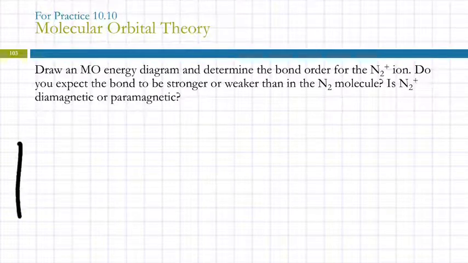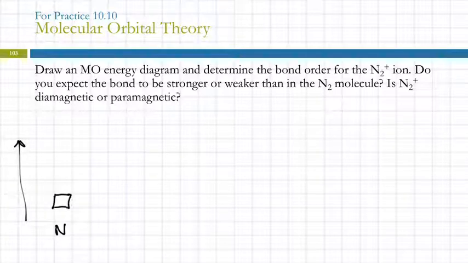Okay, so we have energy increasing. We're going to start with two nitrogens, so we'll put nitrogen over here. And what are the valence orbitals for nitrogen? 2s and 2p. I'm going to do this carefully so that I have enough room to do everything.